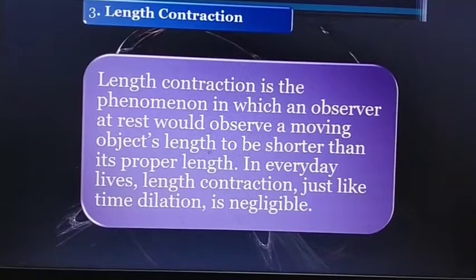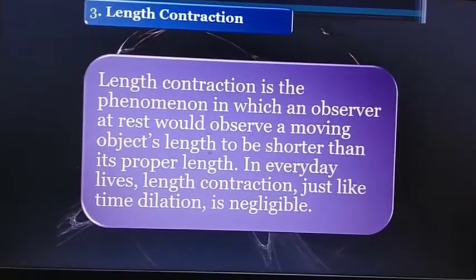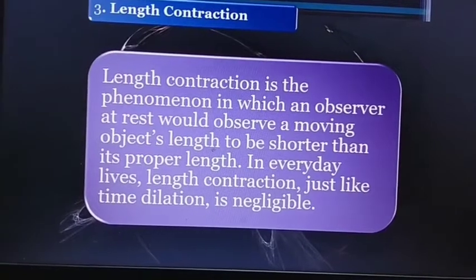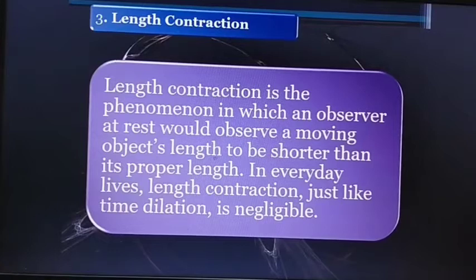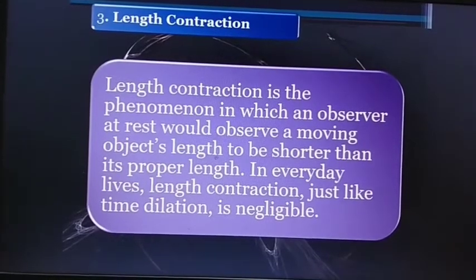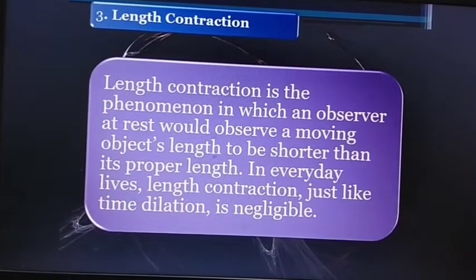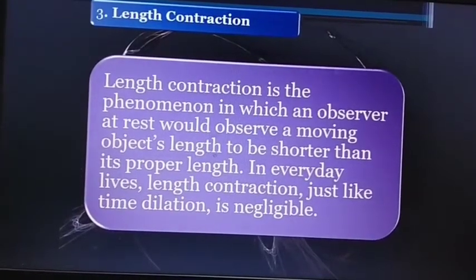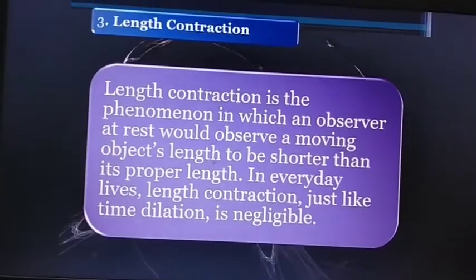In everyday lives, length contraction, just like time dilation, is negligible. So for Albert Einstein, sa isang moving object, pag ang observer ay at rest, ang tingin niya dun sa moving object ay maiksi than the normal length of that certain body which is moving.